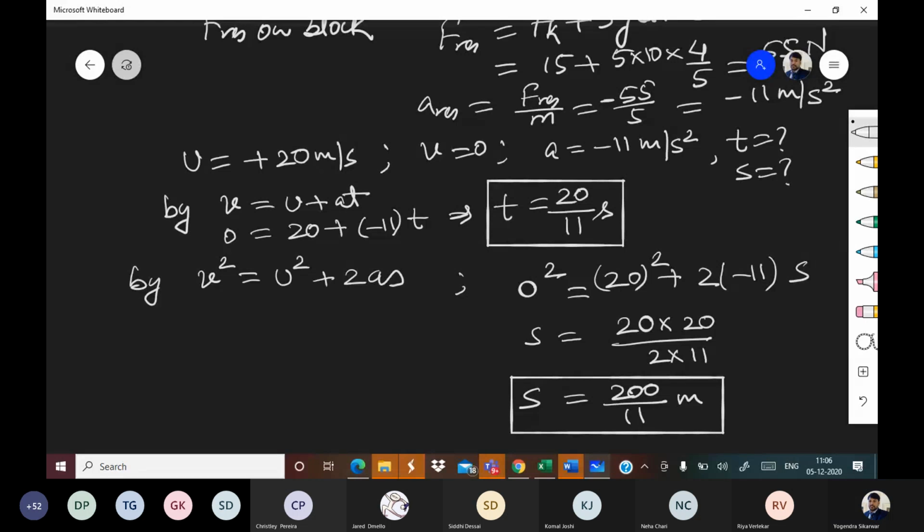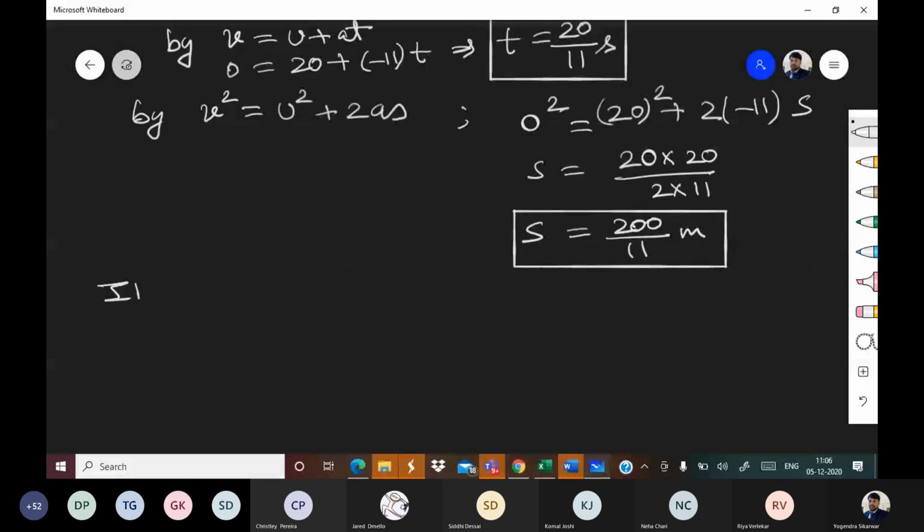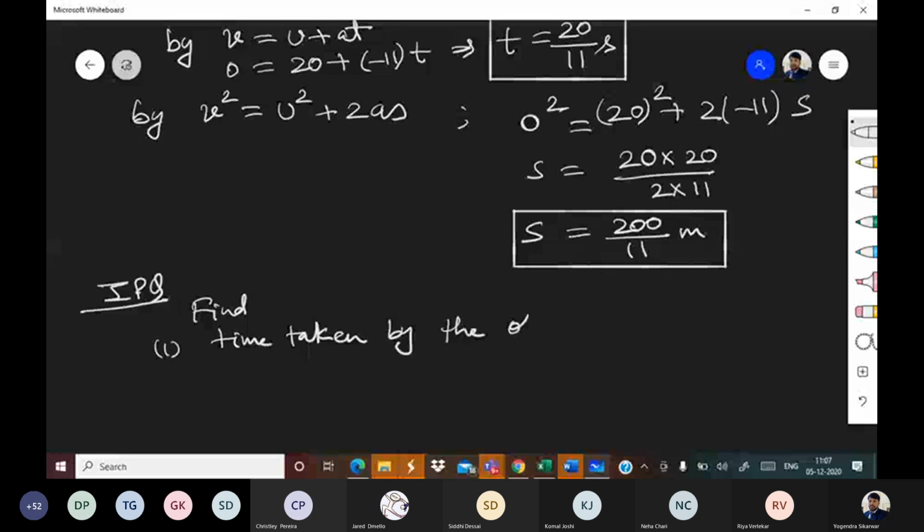Okay. I'm giving you a further question. IPQ. That means in the previous question, find number 1, time taken by the object to come down. So how much time it will take to come down? You need to find that.